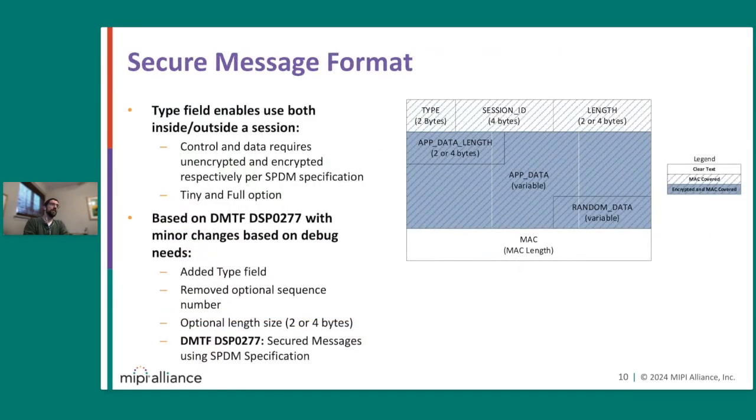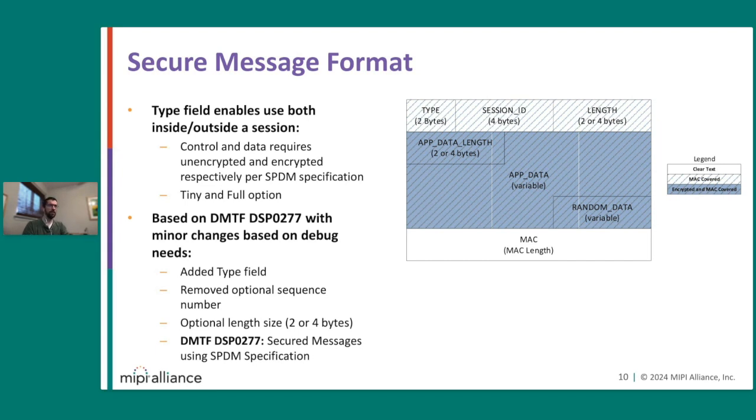But to do this, we need some sort of secure message format. The DMTF has a specification for something similar, this 277. It had a couple of limitations at the time that we wanted to address.